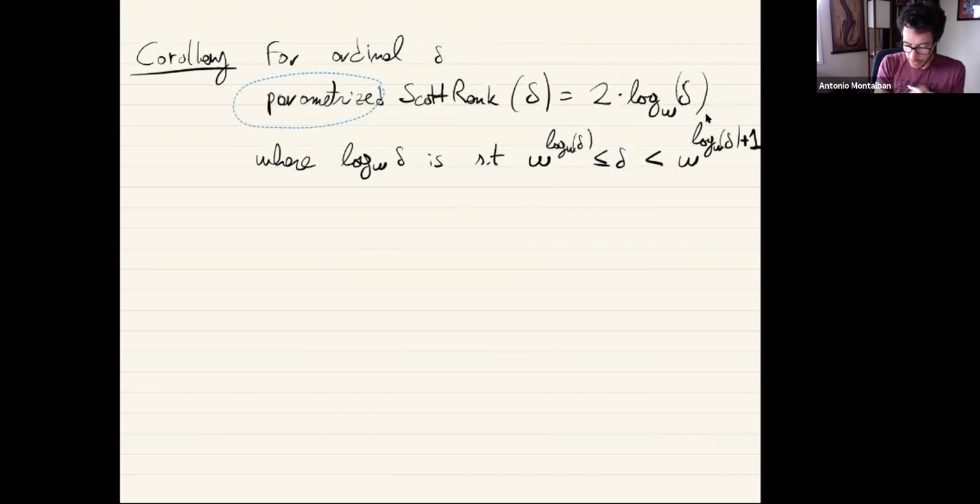Like in the case of the orbit Scott rank, there exist parameters such that every orbit is sigma alpha definable using those parameters. So you get a very nice calculation of the Scott rank, in the case where we have parameters, using these back and forth proofs.